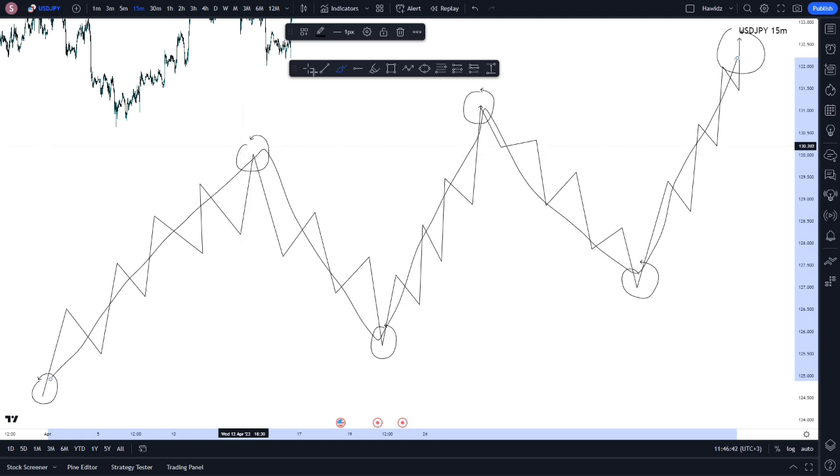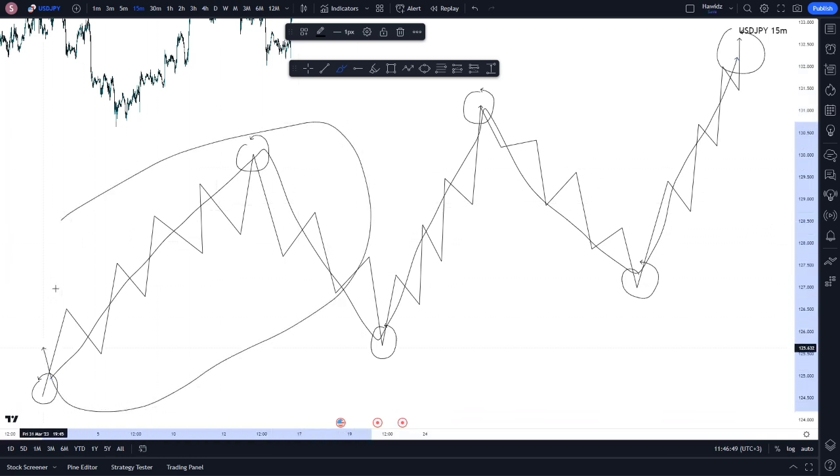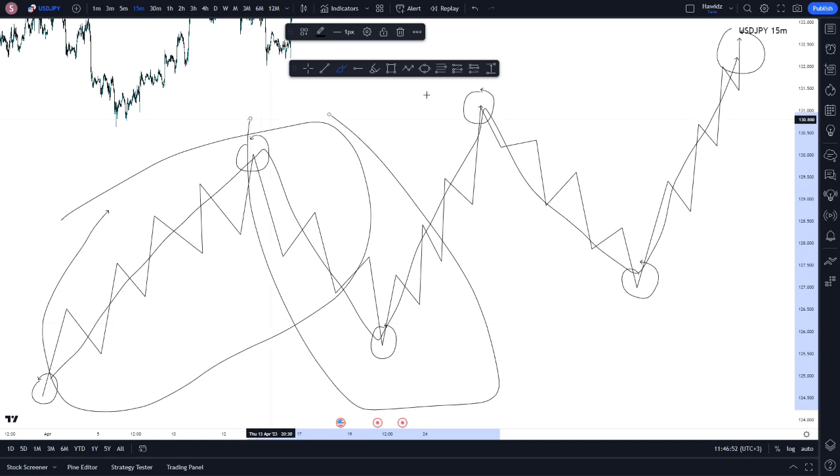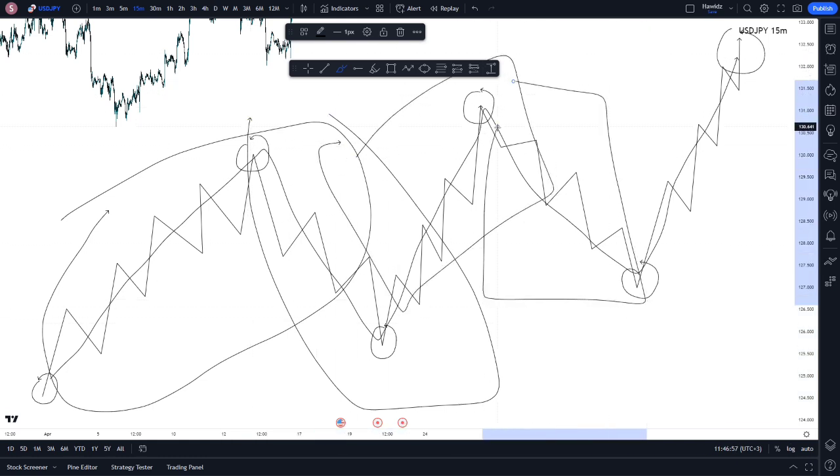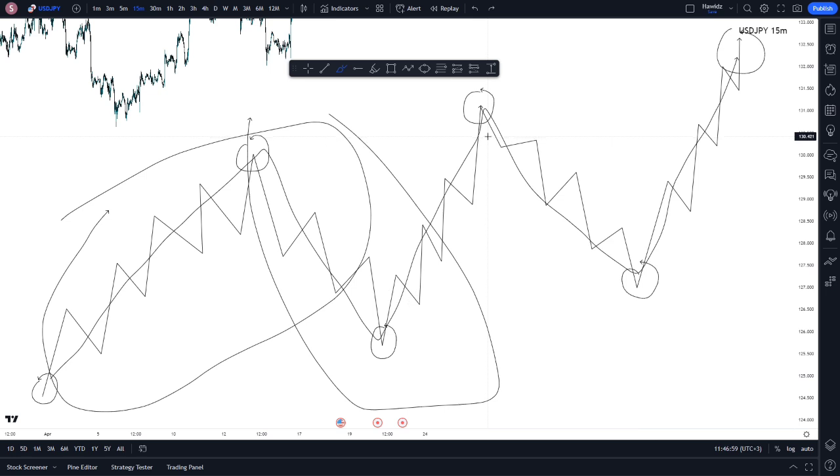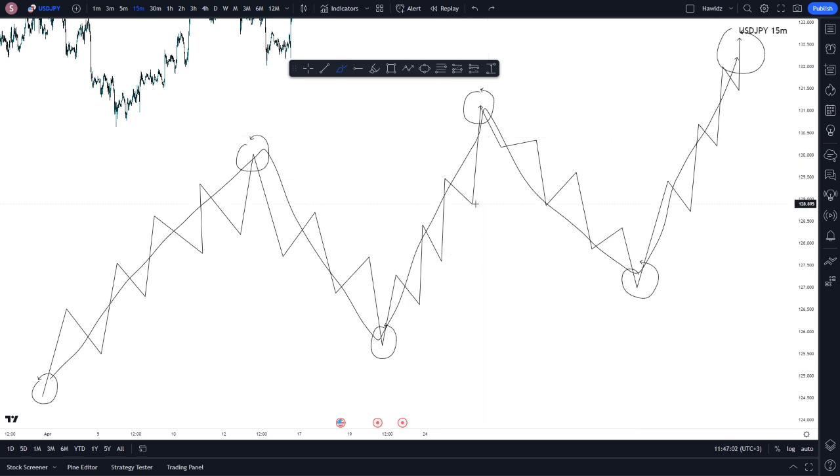This is what we call institutional order flow. And this takes place over a larger period of time. It depends on the actual chart you're looking at, but it takes a longer time interval to be completed and analyzed as institutional order flow.